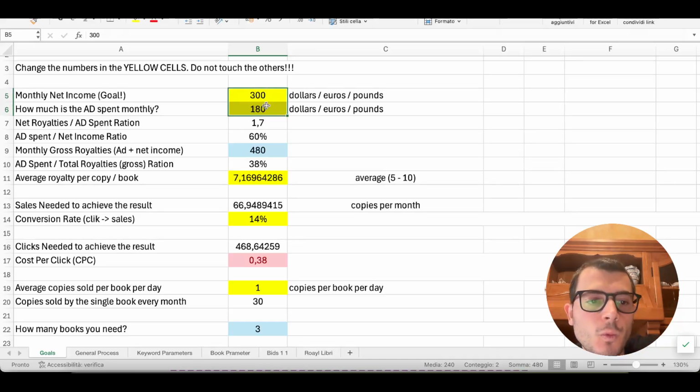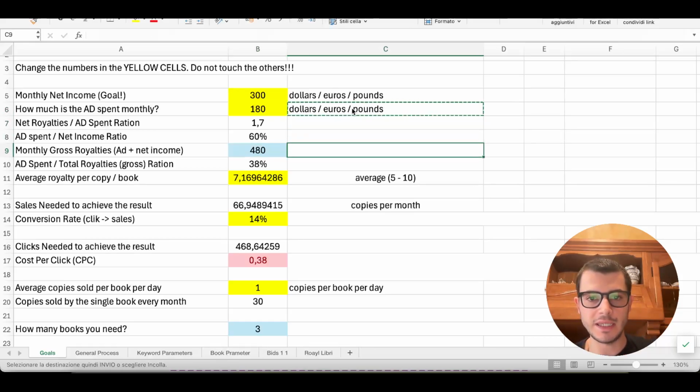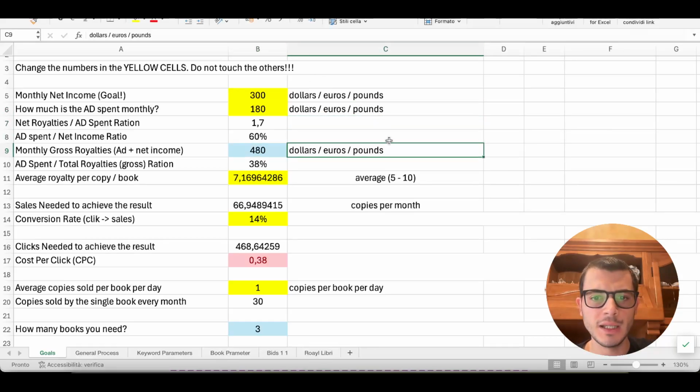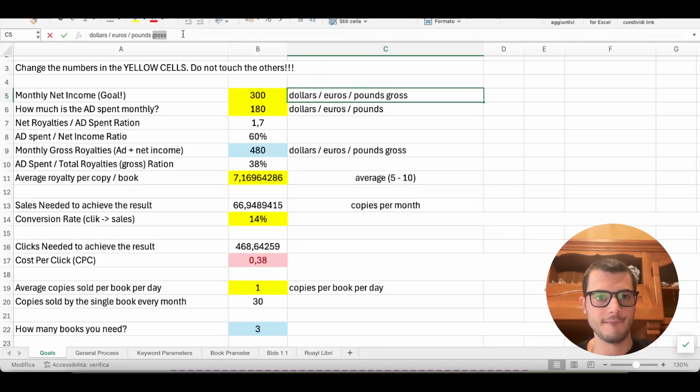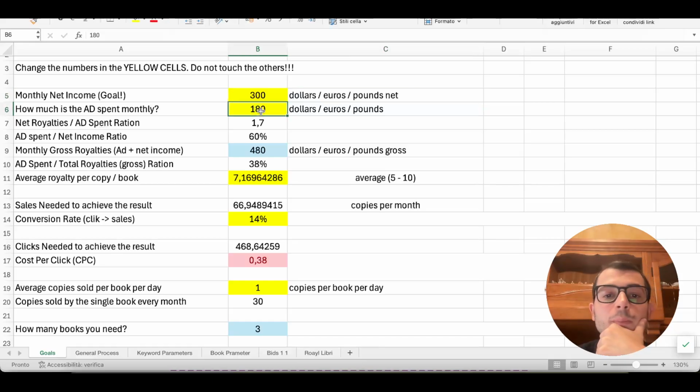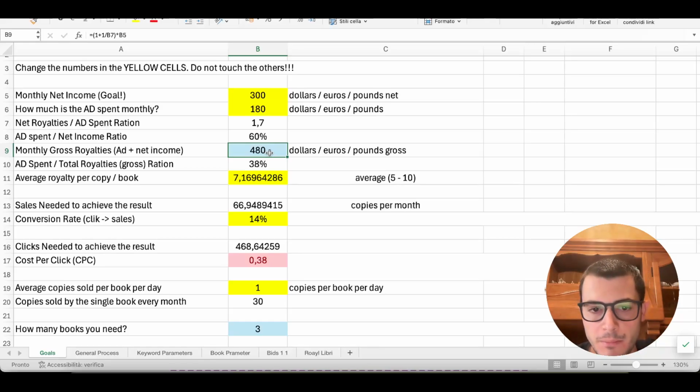It means that you want to generate with your book 480 euros or dollars, whatever it is, gross, and this is net, while spending 180. So you need to generate 480 with one book.